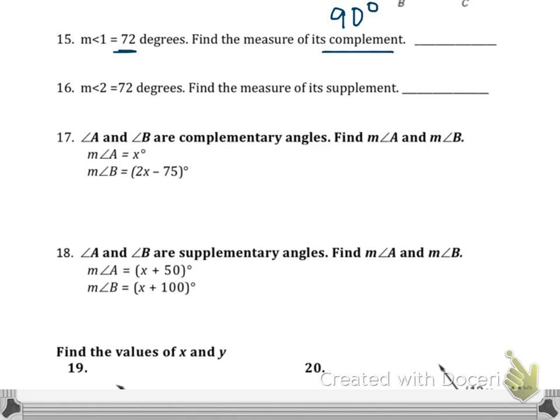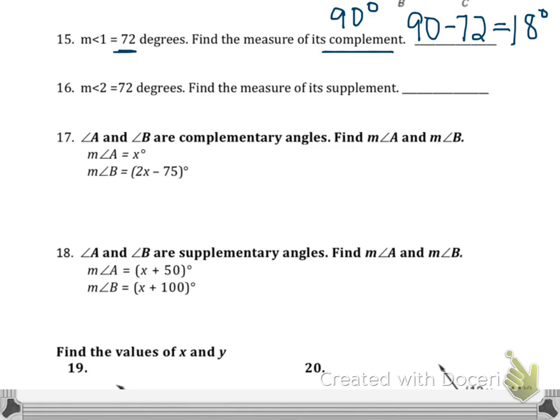So I have one angle that's 72. To find its complement, I'm going to say 90 minus 72, and I'm going to get 18 degrees. So 18 degrees is the complementary angle to angle 1. 18 and 72, which was the measure of angle 1, equal 90.